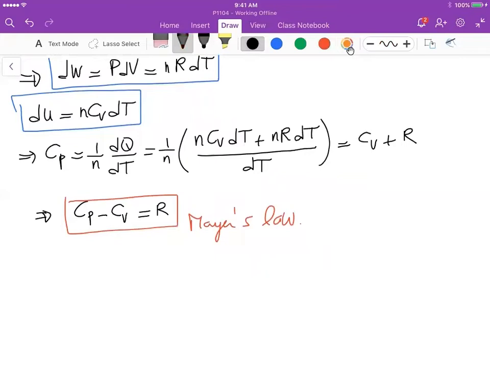Another thing that is very important is to define the ratio of these two variables.